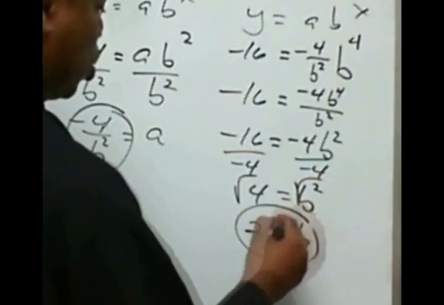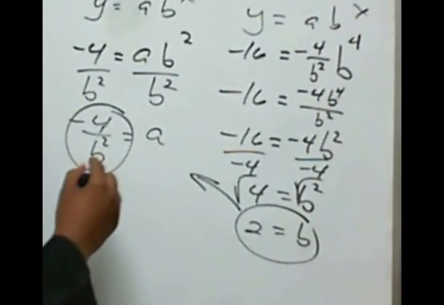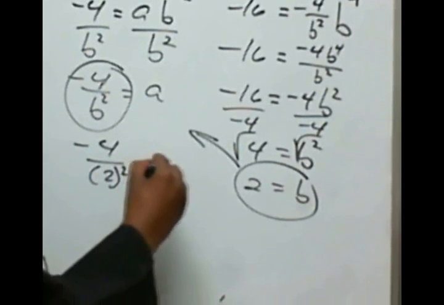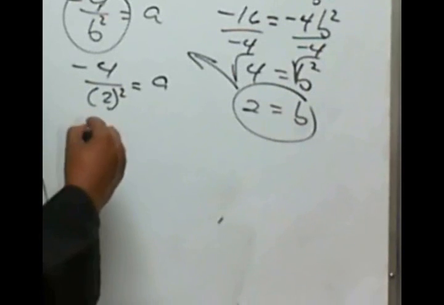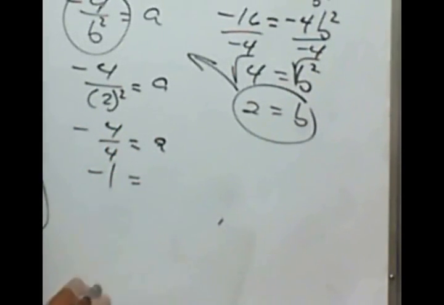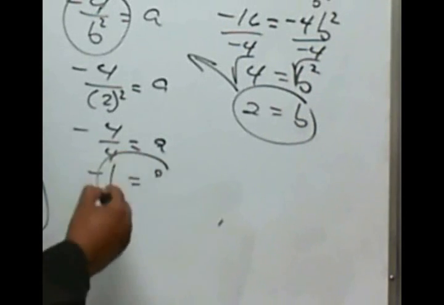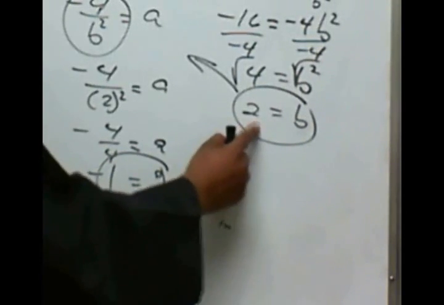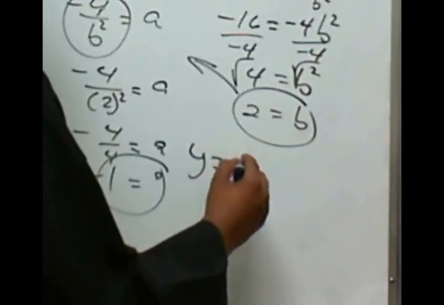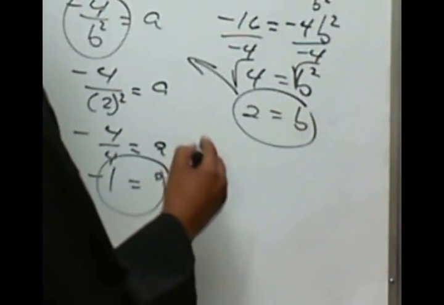Now, with this answer, I'm going to go back here and put in 2 for b. So I have -4 all over 2 squared equals a. And so -4 all over 4 gives me that a is -1. So now I have a is -1, b is 2. So I go back to my original. Y equals, well, let's use f of x.